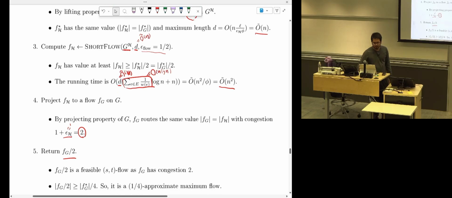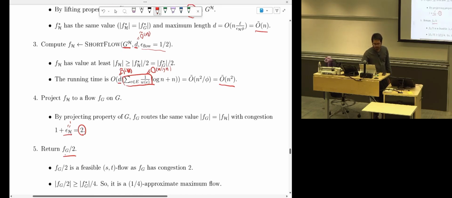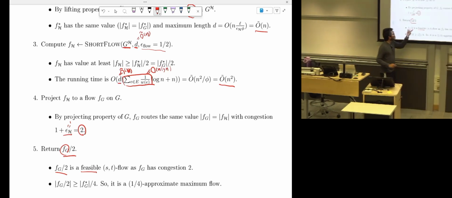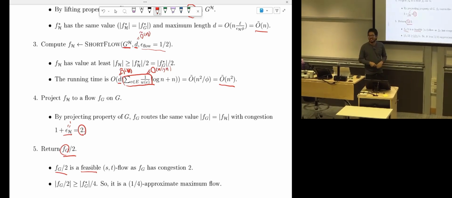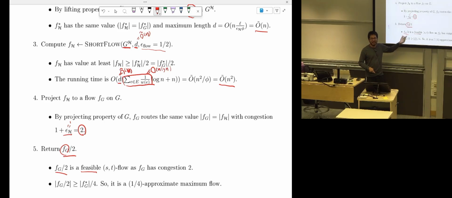Why? Because this FG has congestion 2, so after scaling it now has no congestion. It's feasible. Okay. So now you see that this flow is not integral, because I actually scaled it down. I can make it integral again using this black box that I mentioned.